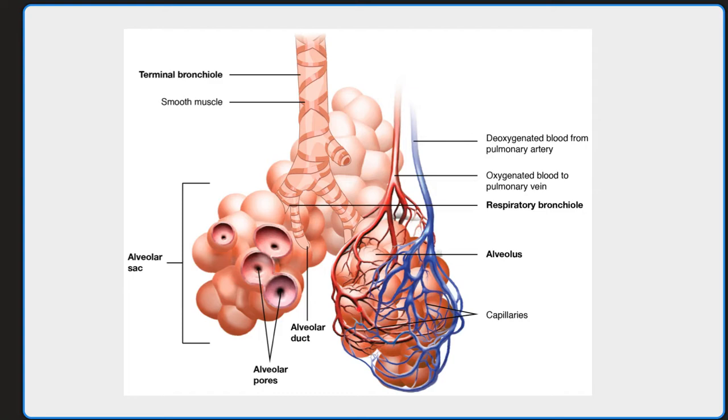So you can see they've put the capillaries here, and this is where oxygen is going to be taken into the blood supply, and carbon dioxide is going to be released into the alveoli so that it can be exhaled. And so it's very important to understand the structure of this because this is where the air has to get to. The air has to get to this end portion into the alveoli in order for gas exchange to occur.